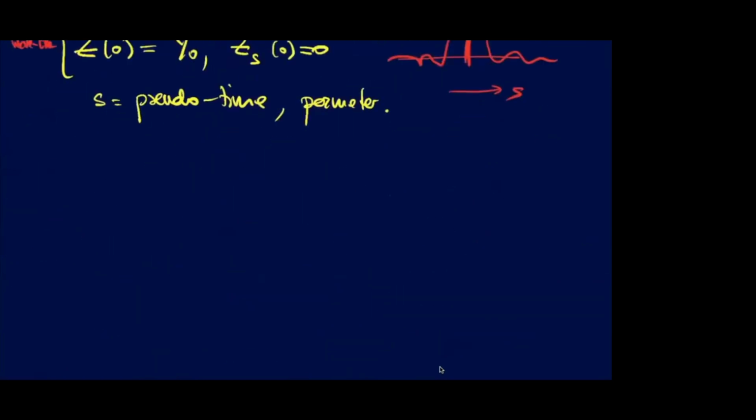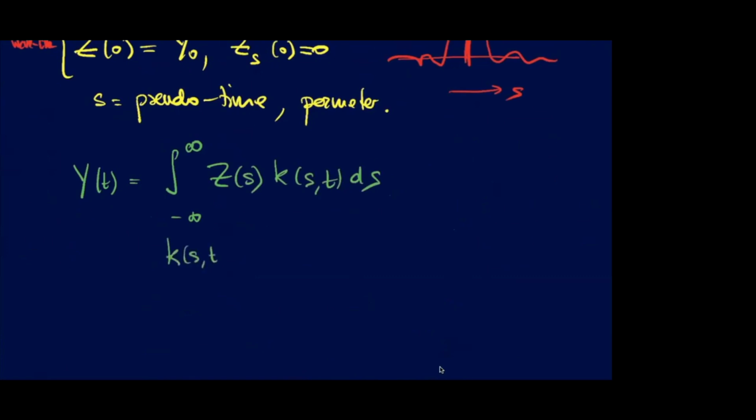I claim that the fantastic formula is that y at time t is just the integral from minus infinity to plus infinity of z of s k(s,t) ds, where k(s,t) is simply (4 pi t)^(-1/2) times exponential of minus s squared over 4t, which is just the Gaussian, right?